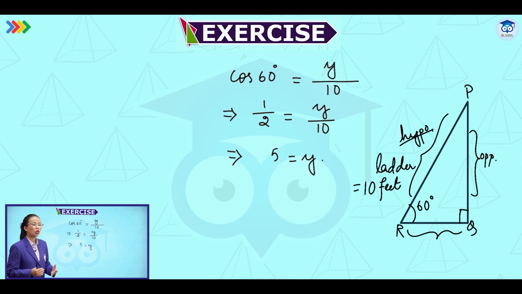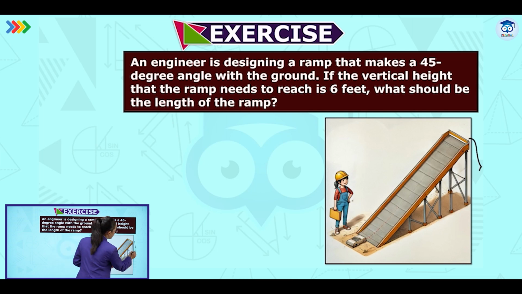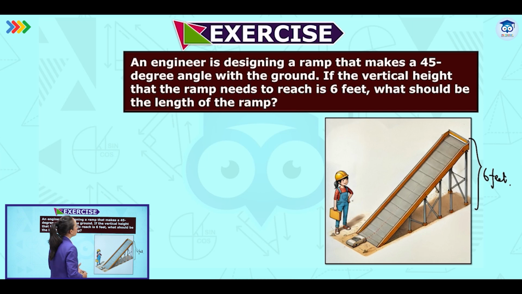Okay. So next we have an engineer designing a ramp that makes a 45-degree angle with the ground. If the vertical height that the ramp needs to reach is 6 feet. So this height is given as 6 feet. So now we have the angle also, that is 45 degree.